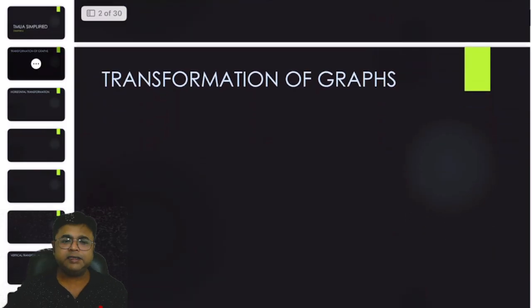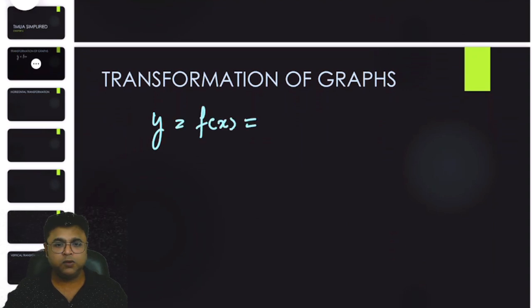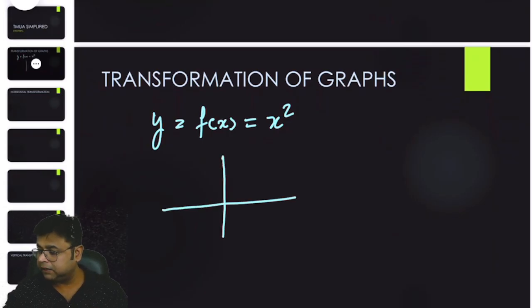Okay, so when I say transformation of a graph, let's take an example. Suppose I have a function y = f(x) = x squared. Now I know the graph of this is this.